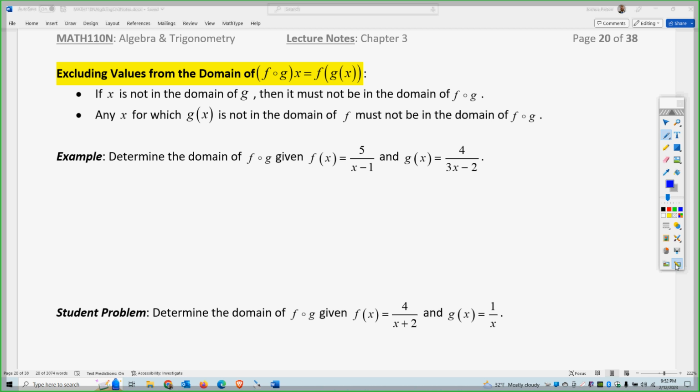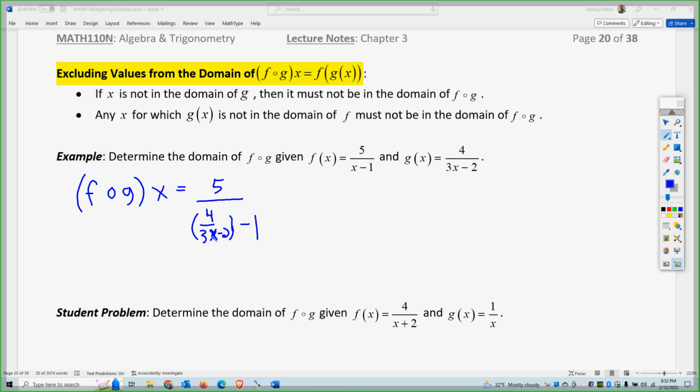So let's see here. We're going to do f of g of x first. So we're going to take the f function, 5 over x minus 1, and we're going to plug in the other function, which is 4 over 3x minus 2. We can simplify that if we need to, but I'm not going to.